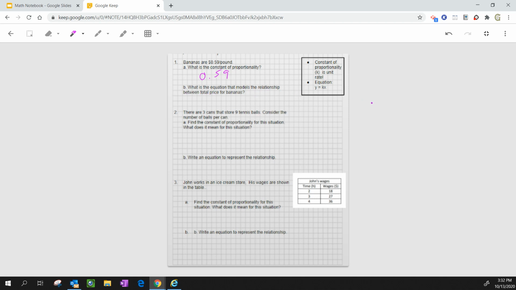The next one says, what's the equation that models the relationship between the total price for bananas? So we have two variables in the problem. We have the cost, the price that I'm going to pay for bananas, and we have how much they cost per pound.